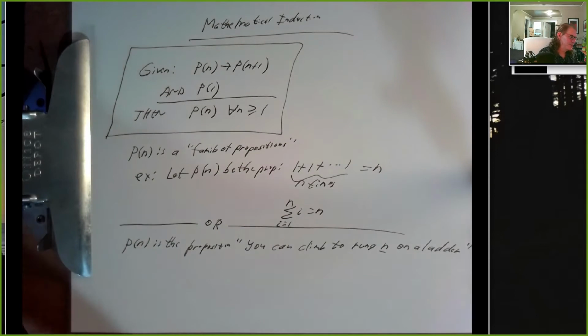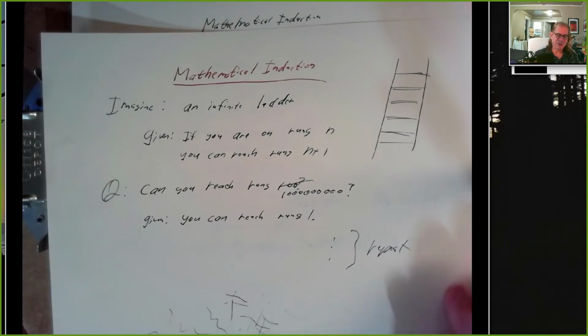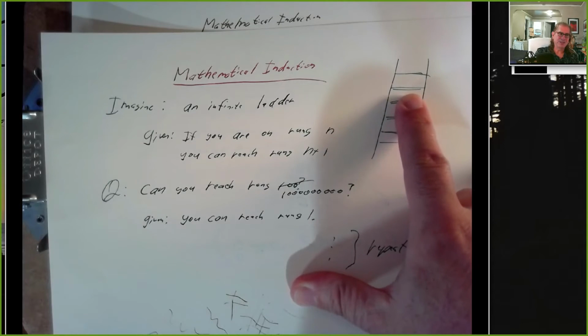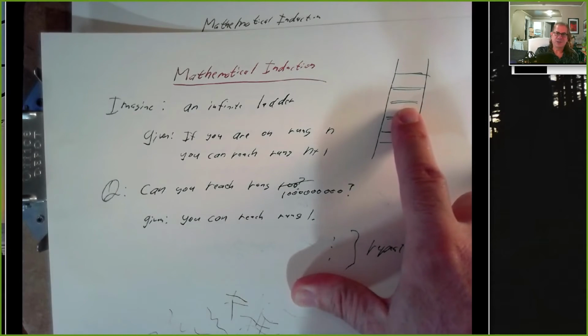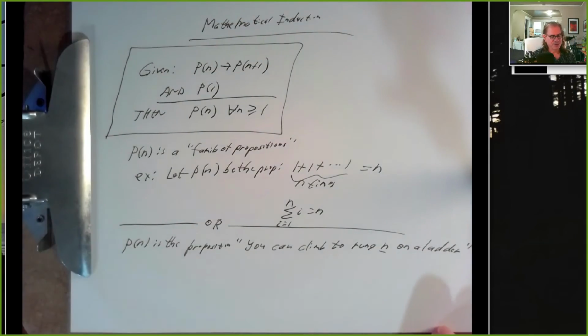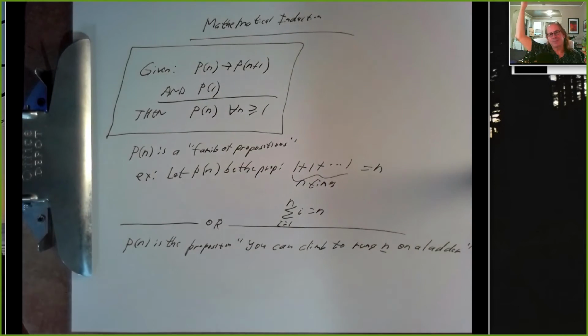That's the difference between showing you can climb any ladder no matter how tall it is versus showing if you're here, you can get there. Well, that's an easy thing to prove in comparison. You just have to show that you can lift your leg and pull yourself up one rung. Whereas proving P(n) for all n says for any ladder you can imagine, you can climb up to the top of it. Or you can climb to any rung on an infinite ladder.